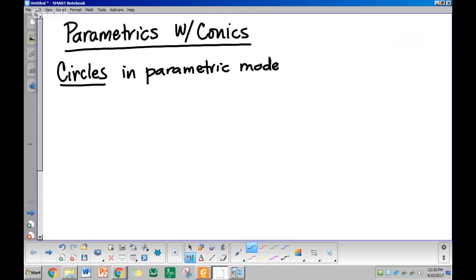All right, everybody got that? So let's graph in parametric mode: x equals 3 sine of t and y equals 3 cosine of t.